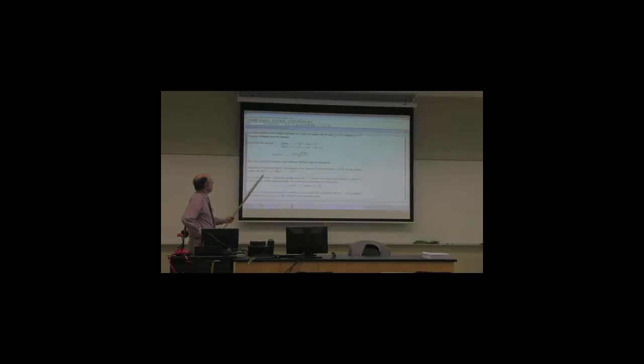So I'm going to pick a rational number called r, and I'm going to say my discriminant equals r squared. So now the discriminant will be the square of a rational number.